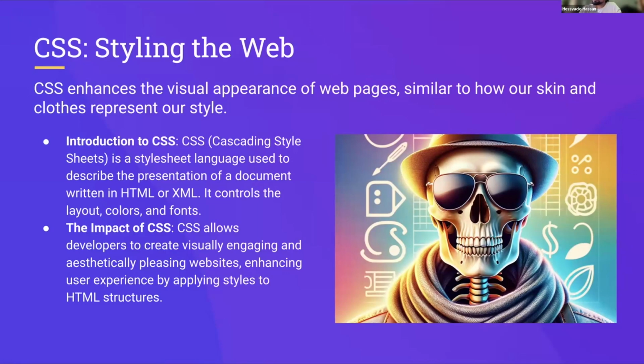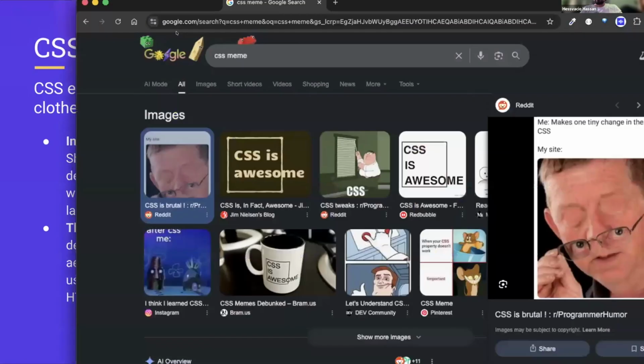There's a CSS meme here that shows how you do one thing wrong and you're fighting with it. Oh, actually, this works. You make one tiny change in CSS and something like this can happen.